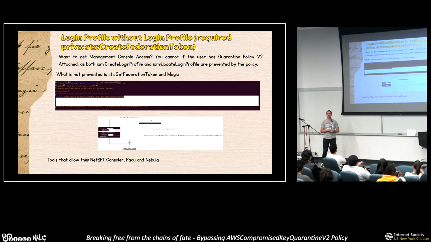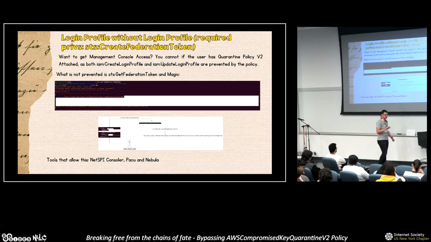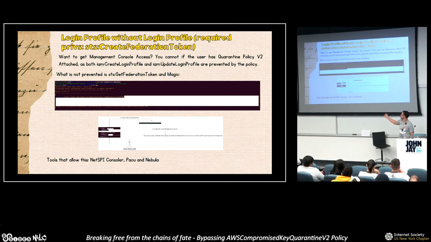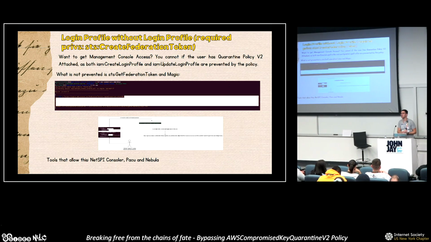You can just send those federated credentials to the sign-in endpoint, and it will generate an authorized URL for you, and you can just paste it. Your user doesn't even need to have a login profile for this. You will get access to the management console with the privileges you have. So you can just go ahead, do this, and get direct access.